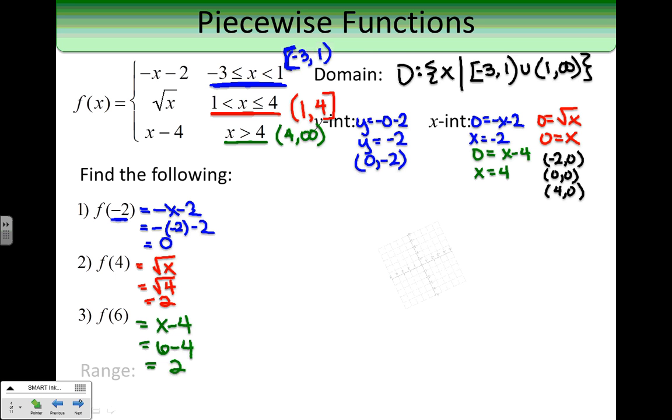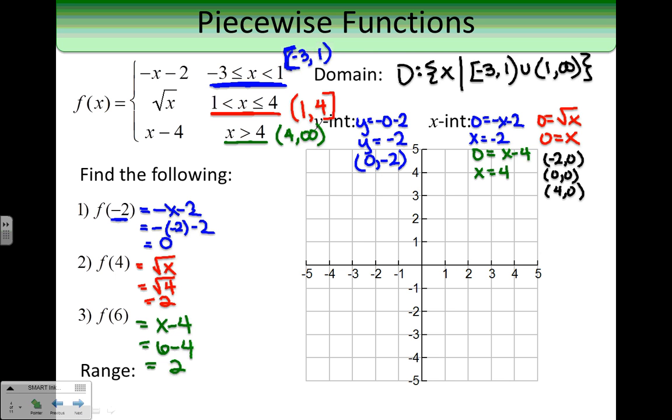All right, let's go ahead and graph this function. So we'll start with the first function, negative x minus 2. That domain ranges between negative 3 and 1.